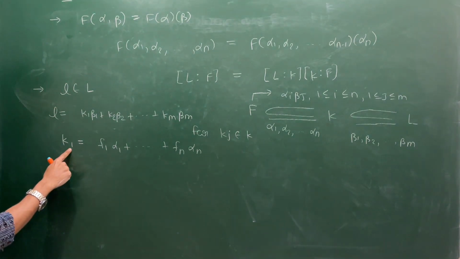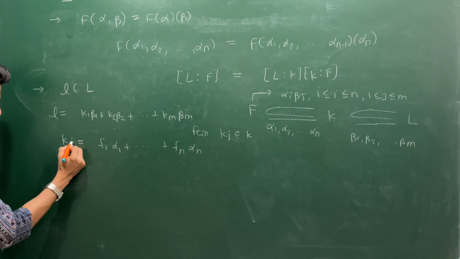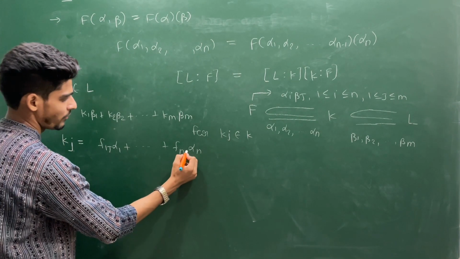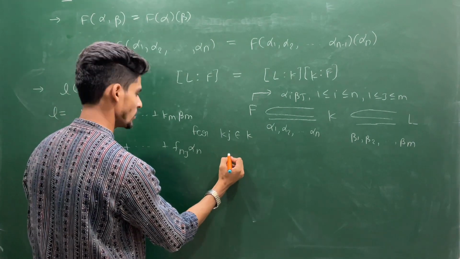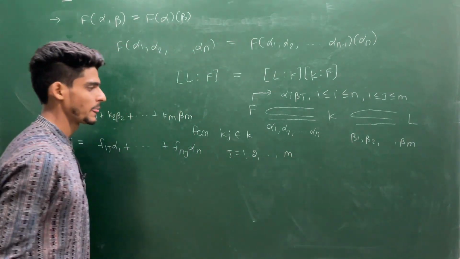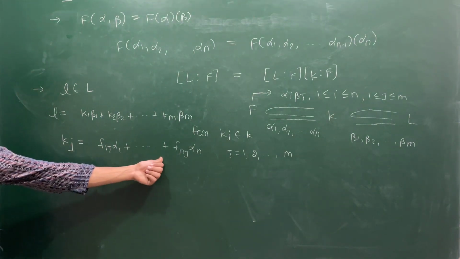This is for one element. I can write it for any of the m elements. So let's say this is kj, this is f1j up to fnj, where j is 1, 2 up to m. So this is clear to everyone. So each kj can be written in this format.